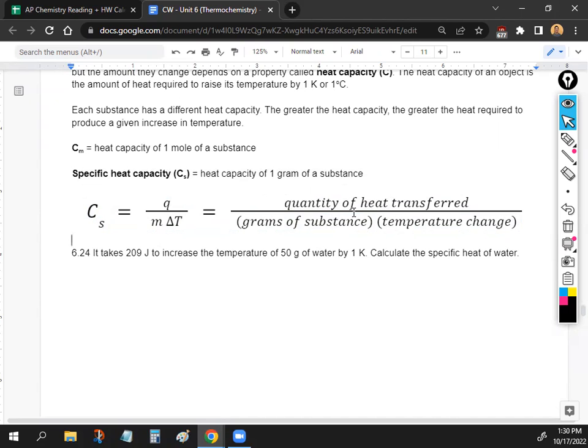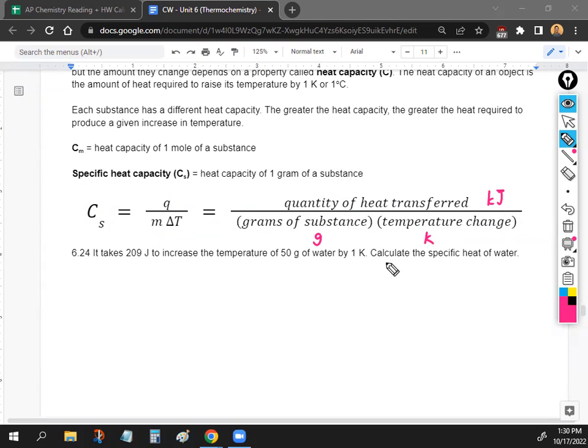So let's put the units of measurement in here. Heat is measured in joules or kilojoules. We've been using this unit this entire unit. Grams is grams, and then temperature change is in Kelvin or Celsius.